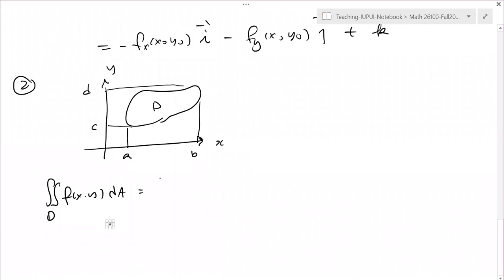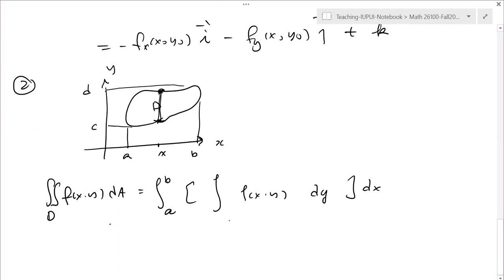One is you fix an arbitrary point x between A and B, so you put a dx here. Then you draw vertical lines, and you have to determine the upper bound and lower bound for the y variable. These will be two functions depending on x.